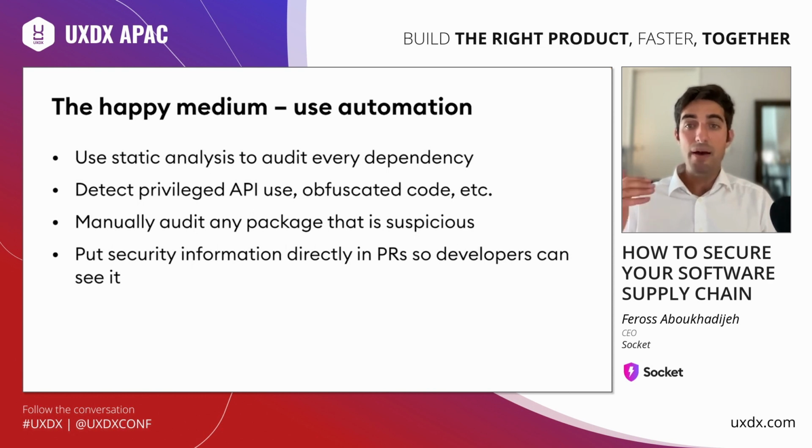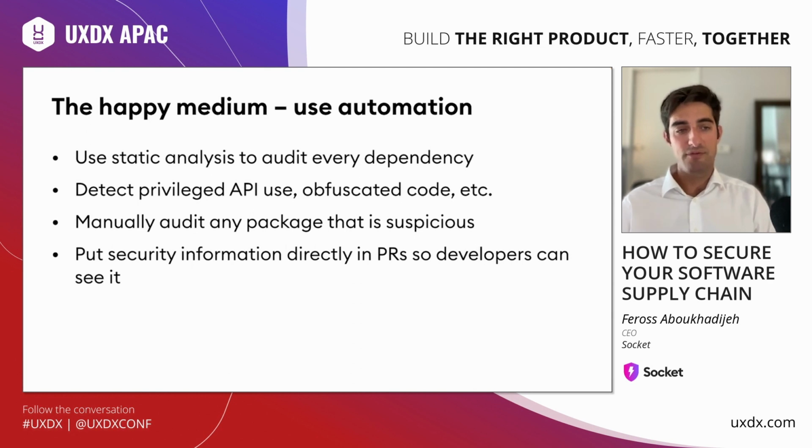That way you can spend security team resources on the highest impact tasks instead of doing it all or nothing. And if you put the security information directly in pull requests so that developers can see it, then you empower developers to solve security issues before they're deployed into production, and you can find these attacks before they affect your users.